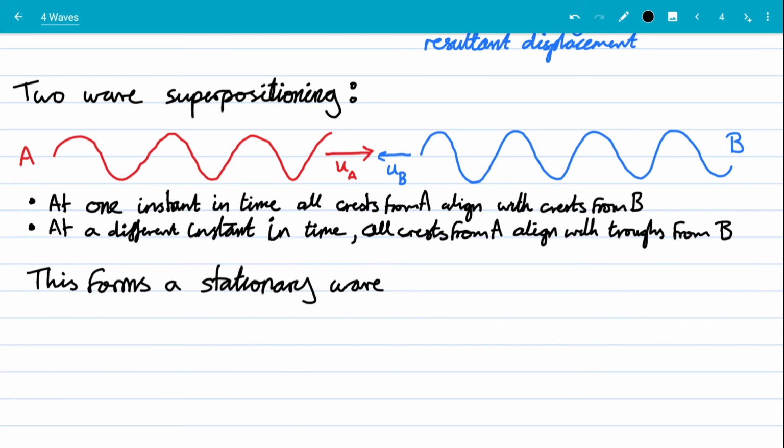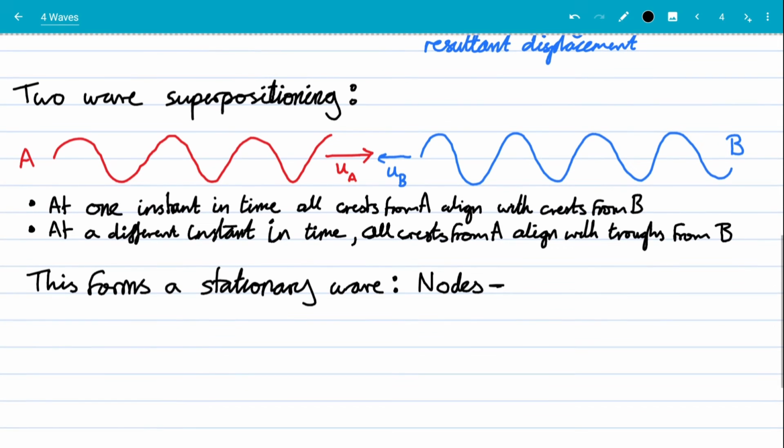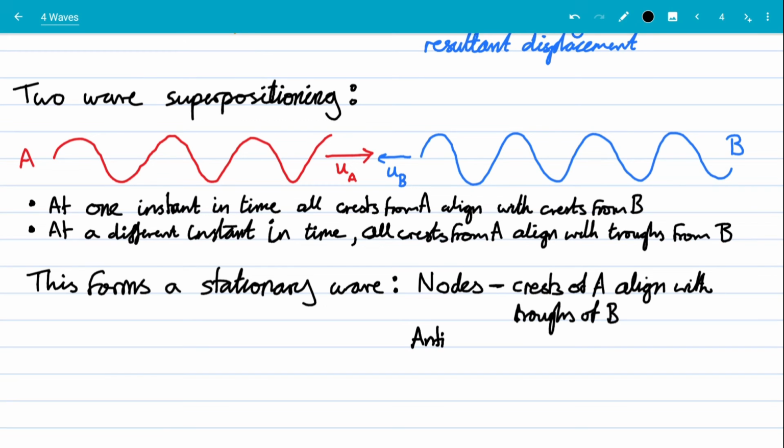We'll be talking about nodes, which are where crests of A align with troughs of B, and we've got things called antinodes, which are exactly the opposite.